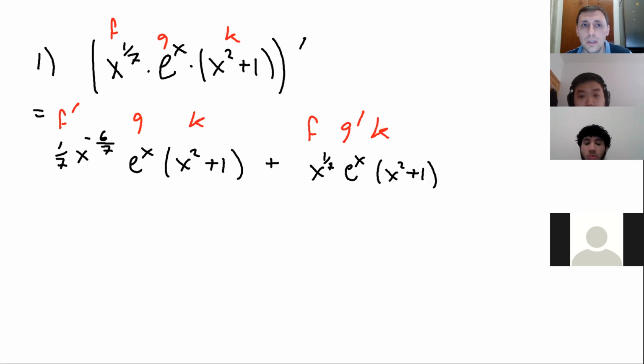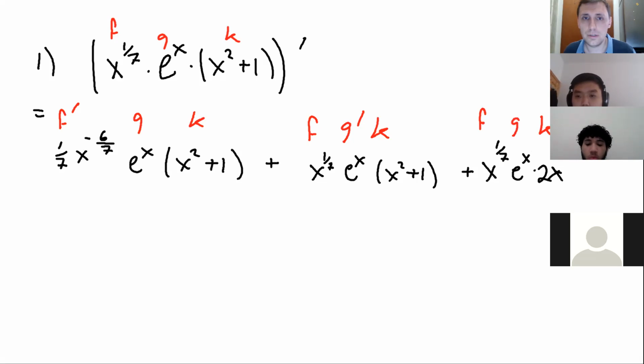Good. Next, plus all the same thing, except the last function is the one differentiated. So that's x to the 1/7 e to the x, and the derivative of x squared plus 1 is simply 2x. Do you see how the derivative travels? So that would be f g k prime. Good.